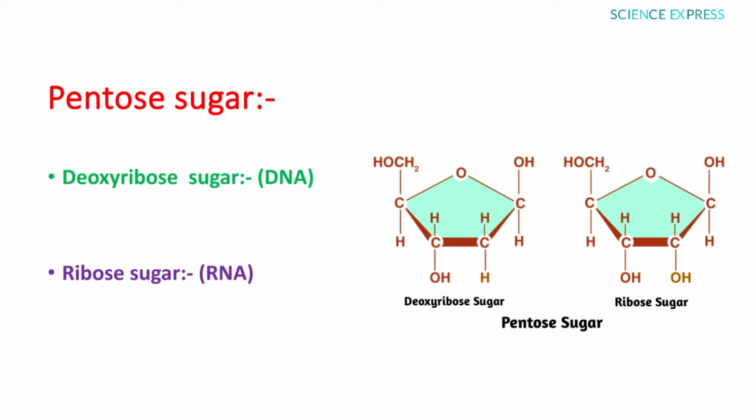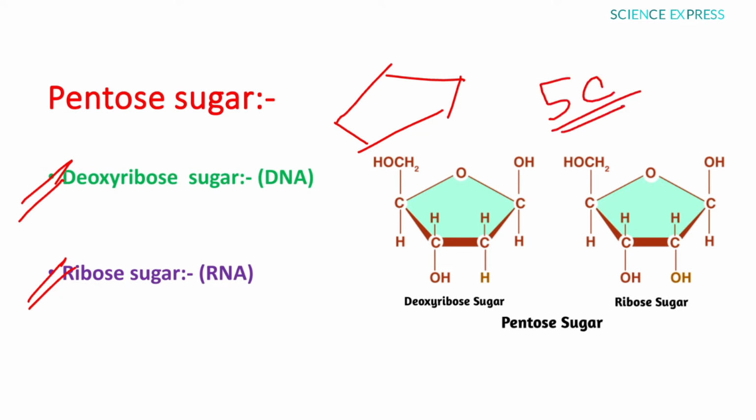Now let's discuss the pentose sugar. Pentose sugar is mainly of two types: deoxyribose sugar and ribose sugar. Pentose sugar means five carbons are present, but the ring is formed by four carbons. The total number of carbons is five, but the ring carbons are 1, 2, 3 and 4, and the fifth carbon is hanging, while oxygen occupies this position in the ring.